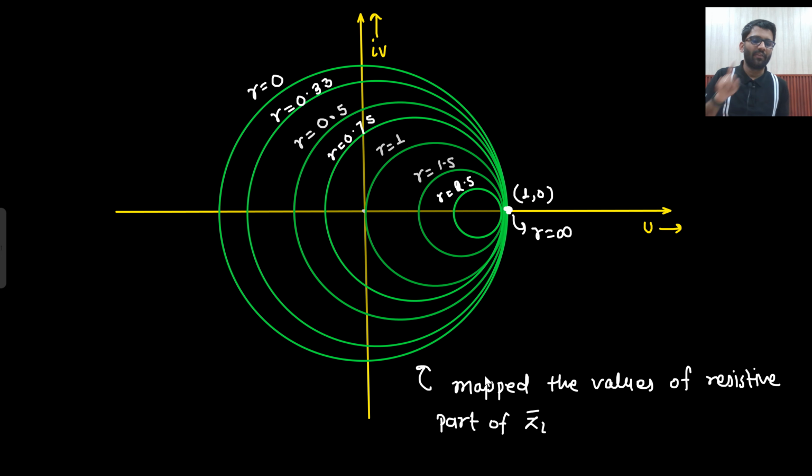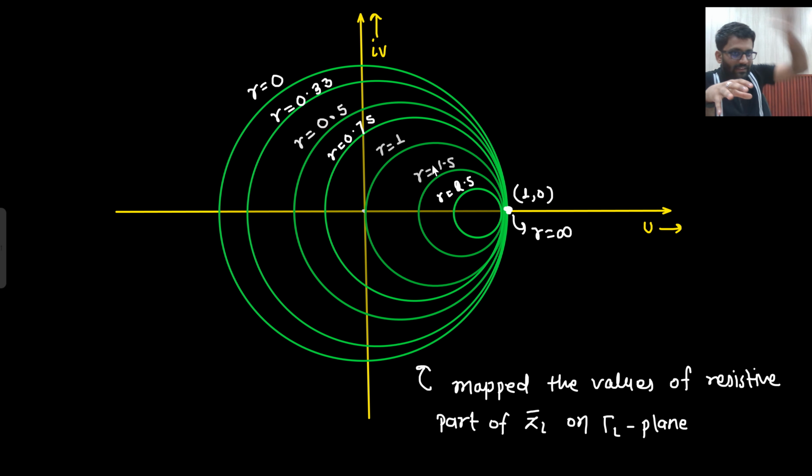Normalized load impedance. We have mapped the values of the resistive part of ZL on the gamma L plane. So this was your gamma L plane. On the gamma L plane, you have mapped the resistive part of your normalized load impedance. This is what you have done. A very important language: on complex gamma plane, we are mapping the value of R.